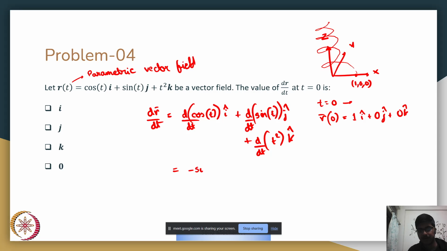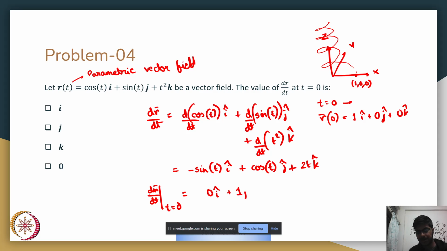So the derivative of cos is minus sine, the derivative of sine is cos, and of t square is nothing but 2t. So if I just plug in t equal to 0, I'll get the first value as 0, second is 1, third is again 0.